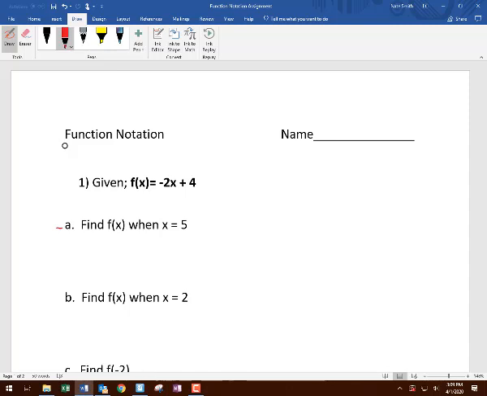All right? So now I'm trying to find the value of f of 5 using this equation. Remember, we just used substitution.